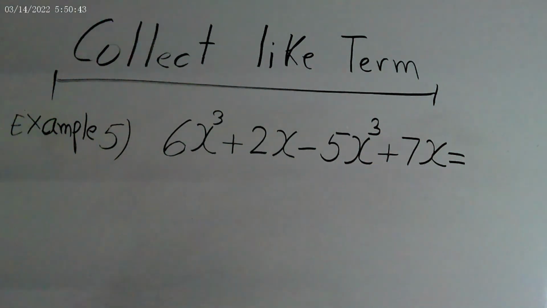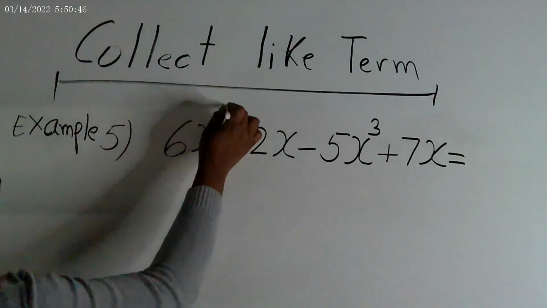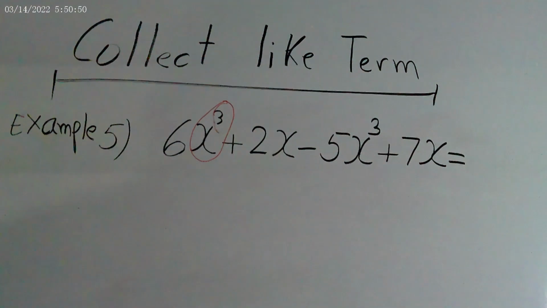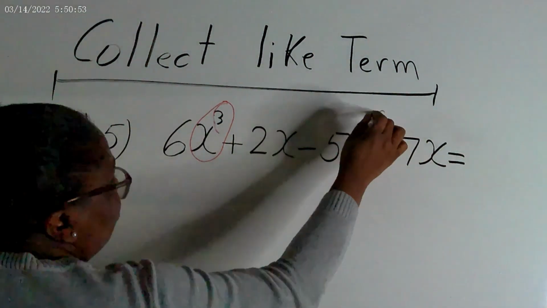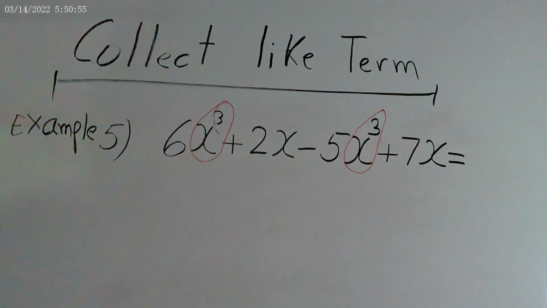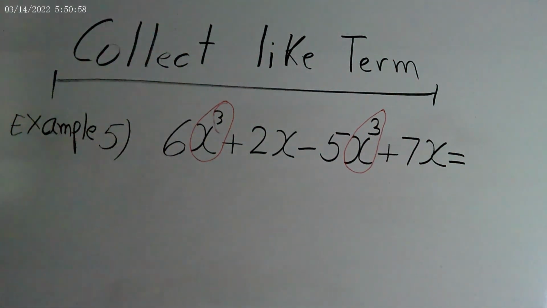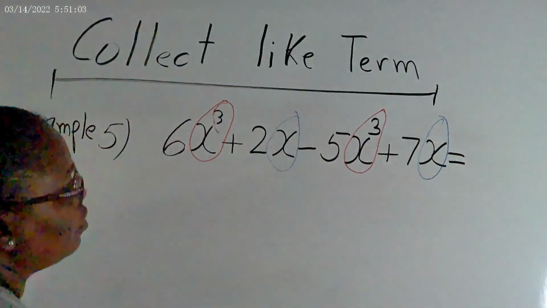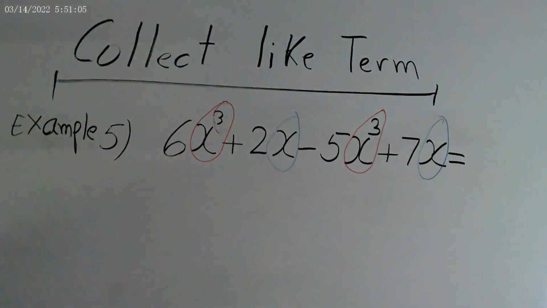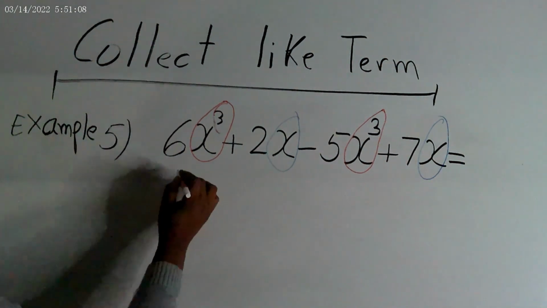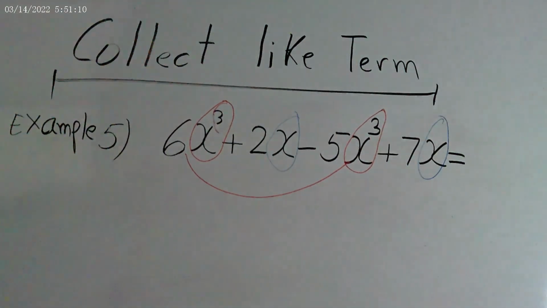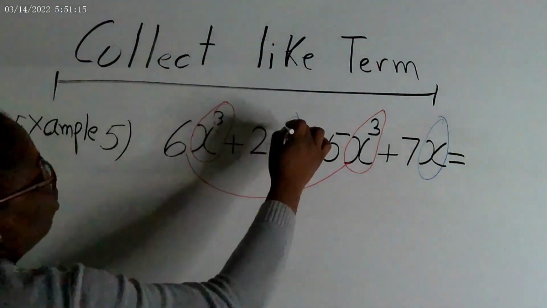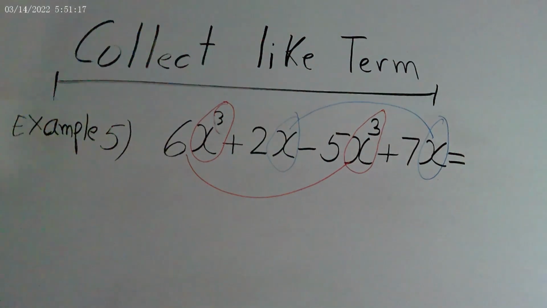Okay? So right here you have x cubed, and right here you have x cubed. So let me use another color for this. Right here you have only x, and right here you have x. So what are you going to do here? We're going to collect those two together, and then we're going to collect those two together.